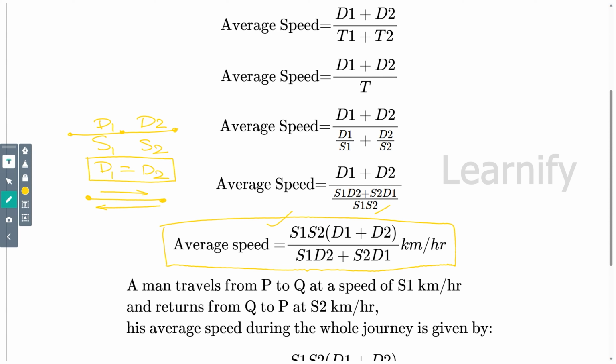Here also d is the same. These are the two scenarios. This is the basic formula, and then we derive the formula for d1 equal to d2 for these two scenarios.